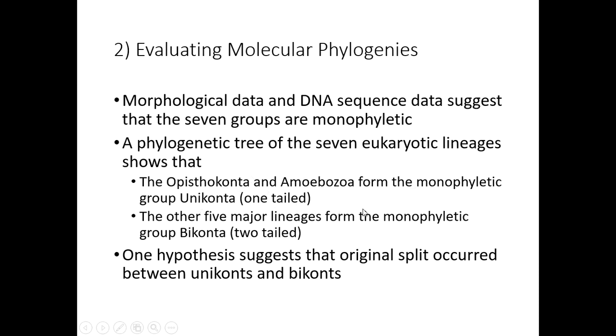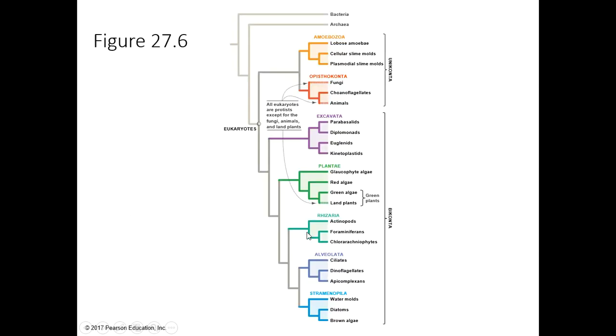The other five major lineages form the Bikonta, or two-tailed. So recognize those two terms, Unikonta and Bikonta. The split occurred between the unikonts and the bikonts, having the one tail and the two tails. Very interesting. Here's a look at those differences.